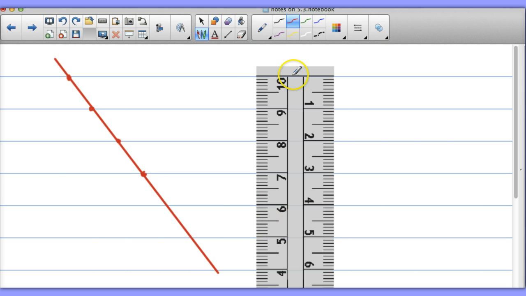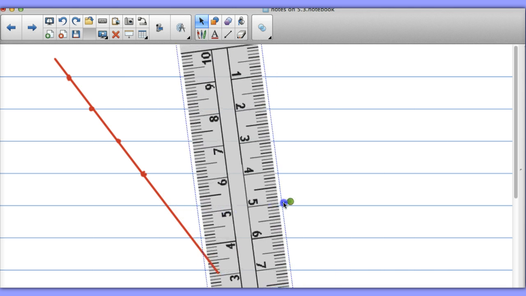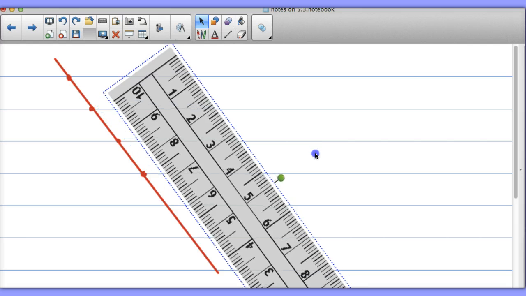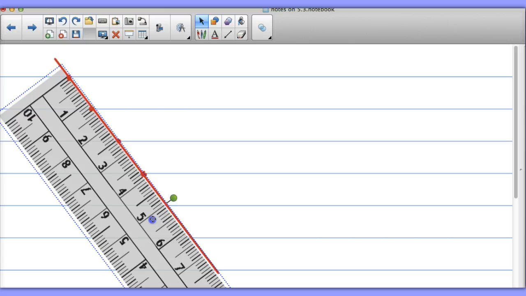And I'm going to line up my ruler to measure the distance between these various points. And so it looks like the distance from my first point to my second point is about 1.2 centimeters.